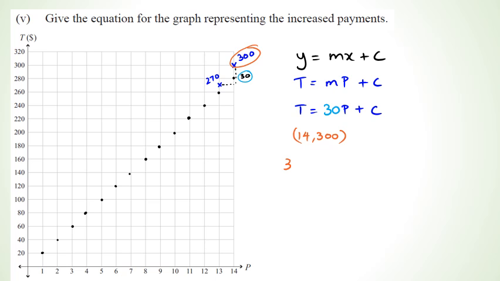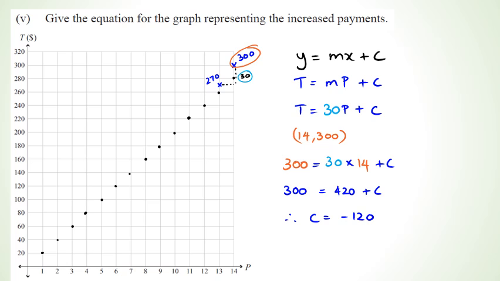So I could write this as 300 equals 30 multiplied by 14 and plus c. Okay, so then what I have is 300 equals 420 plus c, and when I rearrange this, I'm going to get c equals minus 120.